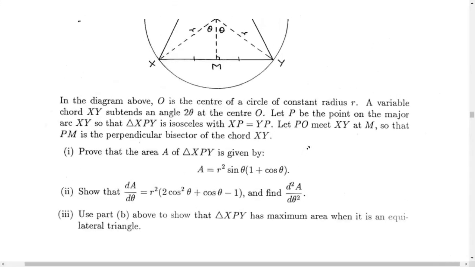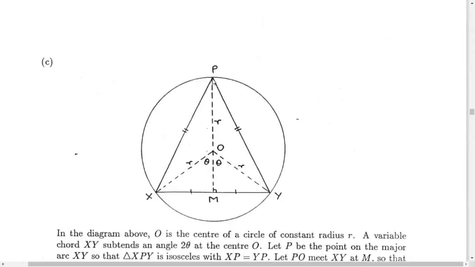You're trying to maximize this entire thing when it's equilateral. So you want the triangle in blue right now to be equilateral. Now, if that is equilateral, that means all sides are equal, obviously. But it also means all angles are equal.